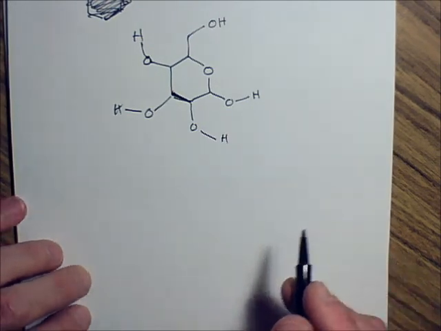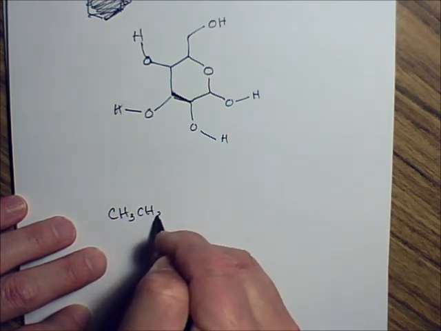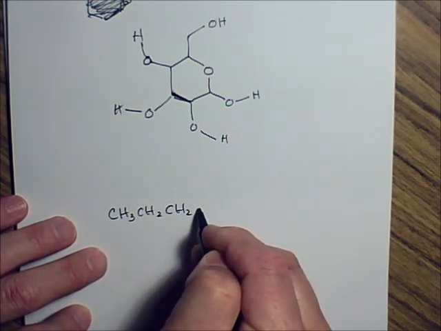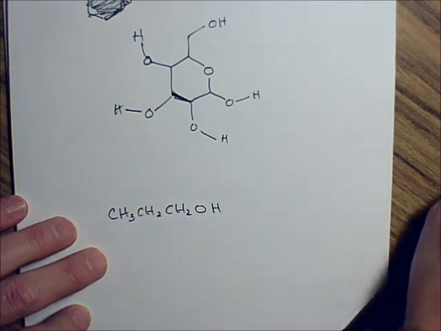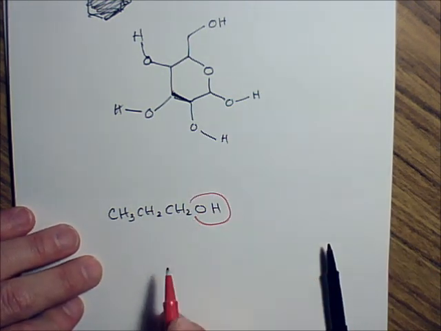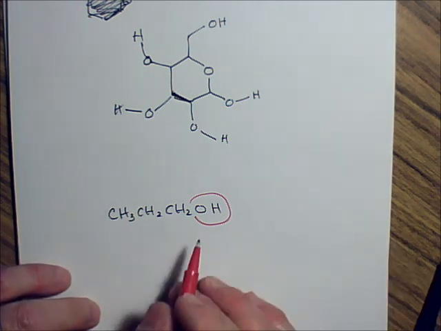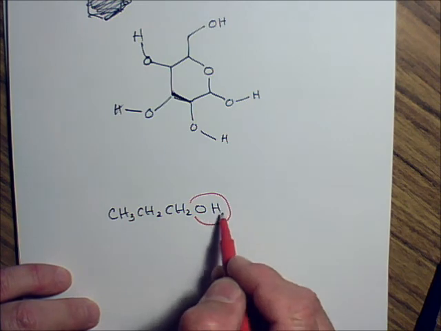All right. So remember that when we were looking at particle interactions in the last unit, we said that if we have an alcohol and we put it in water, this end of the alcohol is very polar and will do what's called hydrogen bonding because of that OH. And it will dissolve in the water.